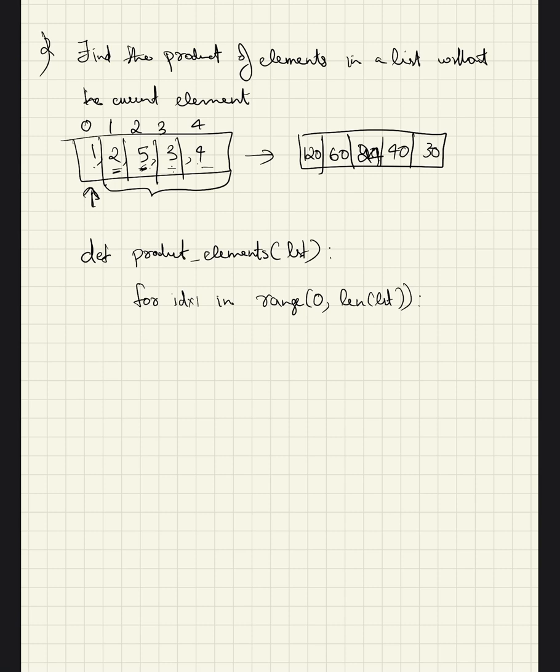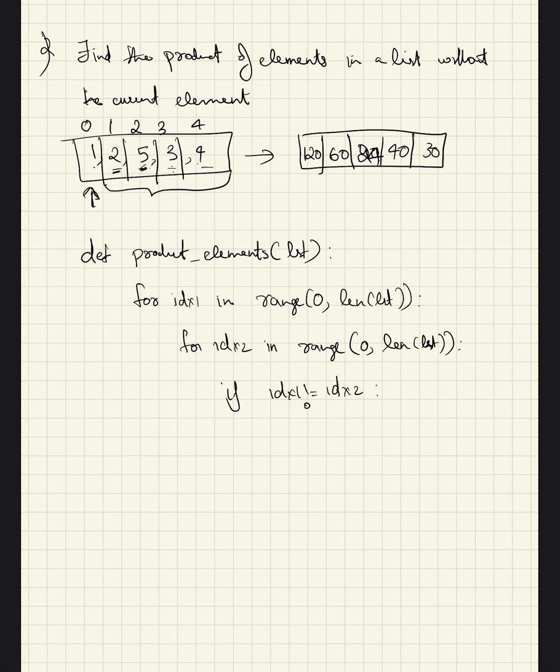And then I will have another one, for IDX2 in range of 0 comma len of list again, right? Now I can have a check that IDX1 and IDX2 are not the same, right?